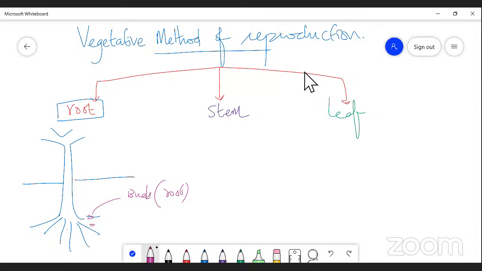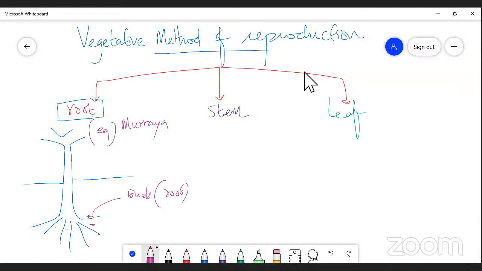So one example I can say is the Murraya plant. In the Murraya plant, the root system develops a bud-like structure, and that bud develops into root, shoot and leaf. That is called vegetative reproduction from the root.